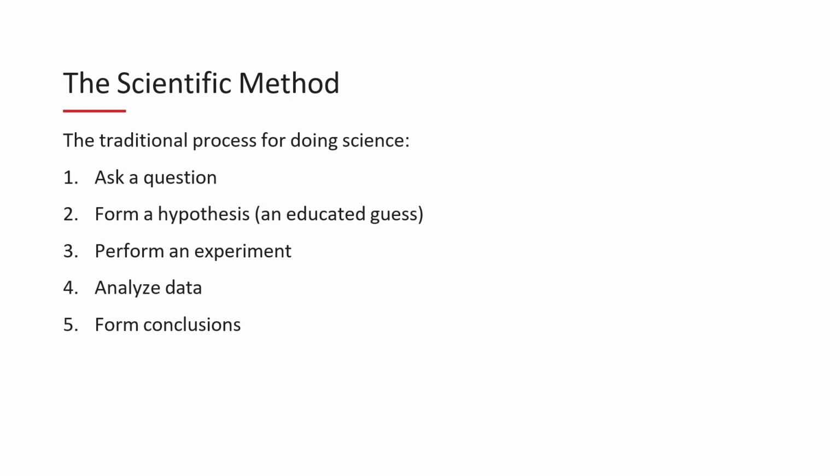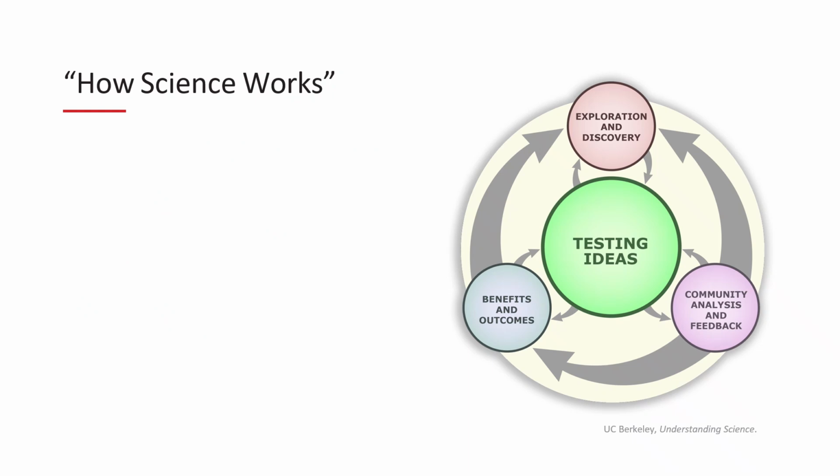So this model is a good introduction because it emphasizes careful observation, testing your ideas, and drawing conclusions based on factual evidence. But real science, especially in the field and with multiple stakeholders, so people who care about your results, it can look a lot messier and a lot less linear. The Understanding Science project from UC Berkeley offers an updated model.